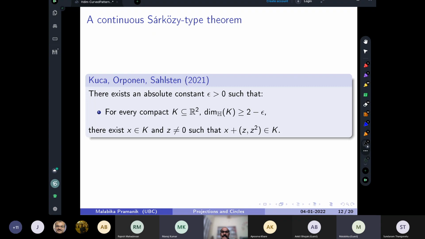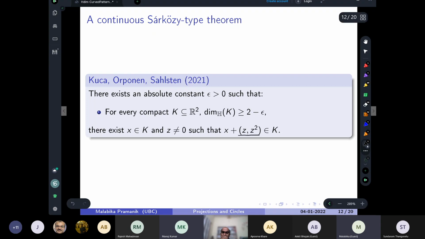There exists an absolute constant epsilon positive such that for every compact K whose Hausdorff dimension is larger than 2 minus epsilon, there exists a point X in K and a non-zero real number Z such that X plus Z squared belongs to K.